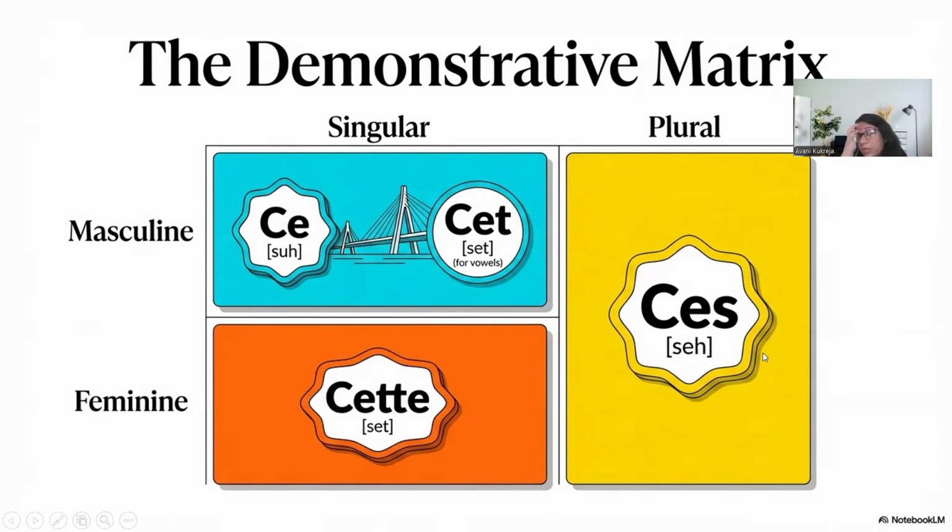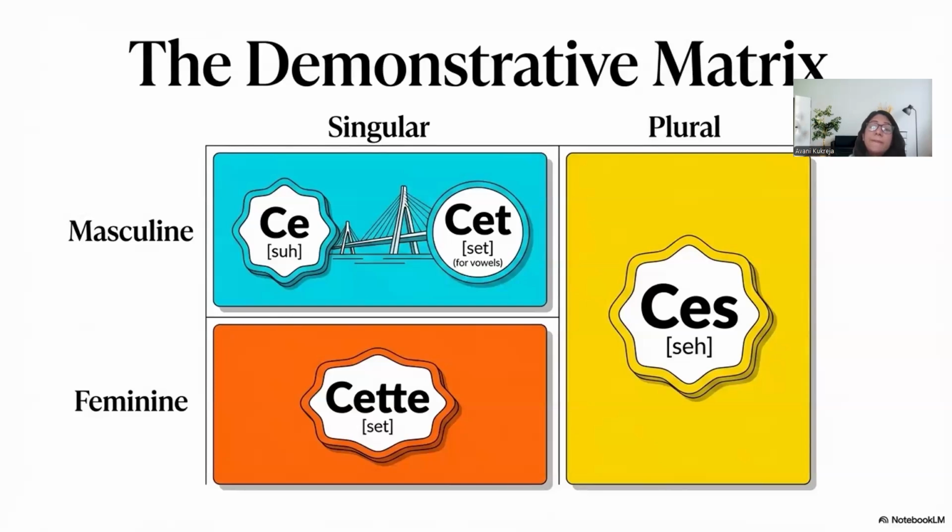I repeat: if the object is masculine, we use ce or cet. Ce is used with masculine nouns that start with a consonant. Cet is used with masculine nouns that start with a vowel. But cette is for all feminine nouns, whether they start with a vowel or a consonant.